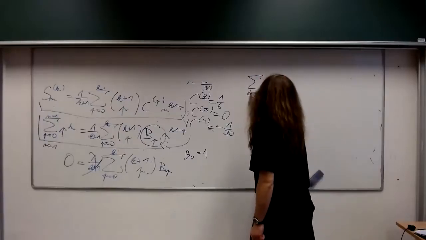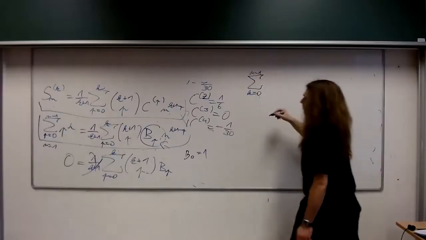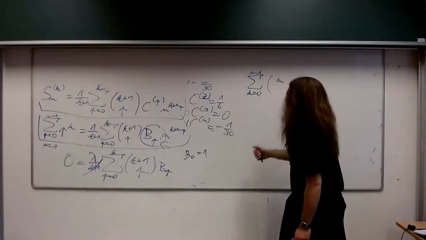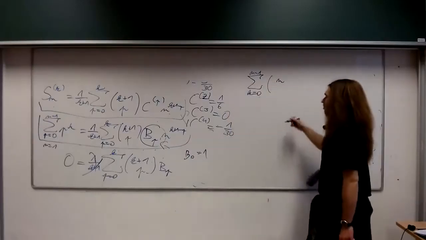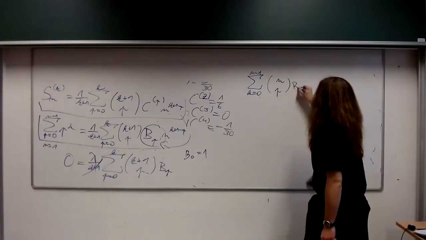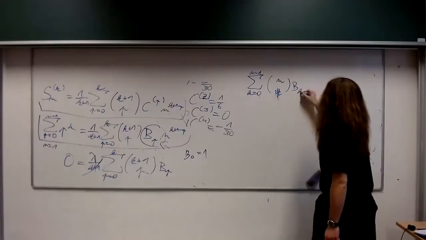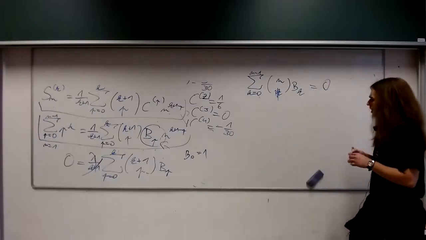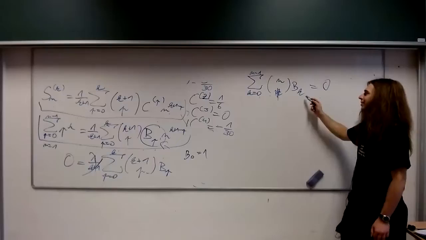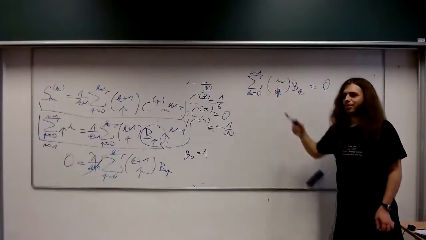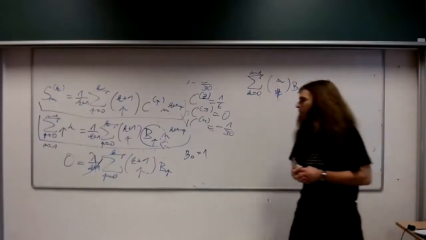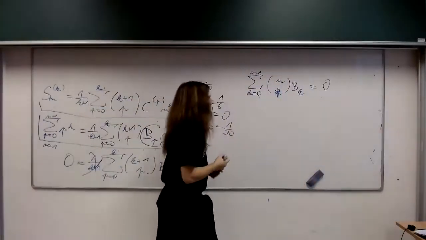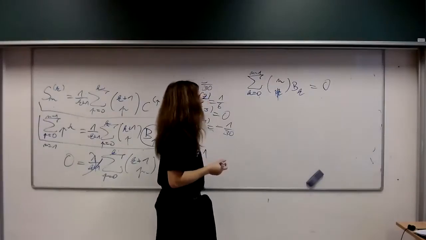I will just mess up the indices a little bit, putting n minus 1 instead of that k. So this has to be a 0. And you see that this sum is kind of incomplete. The last term, the nth term, is missing. And that will be quite useful, or it will give us a hand when we derive the generating function.